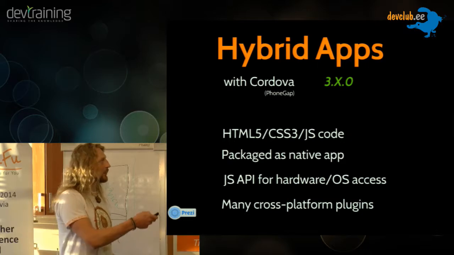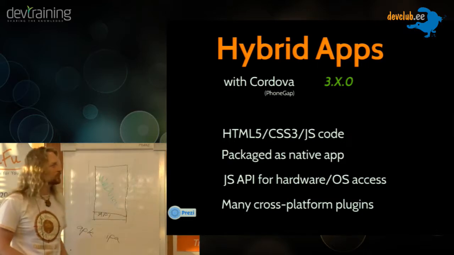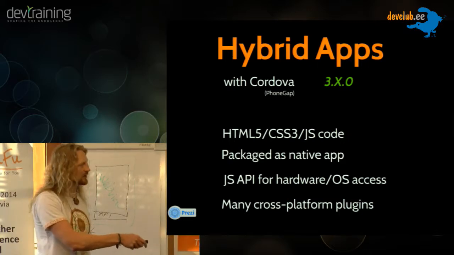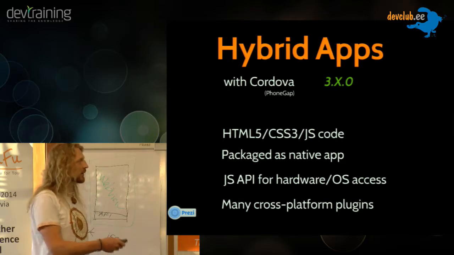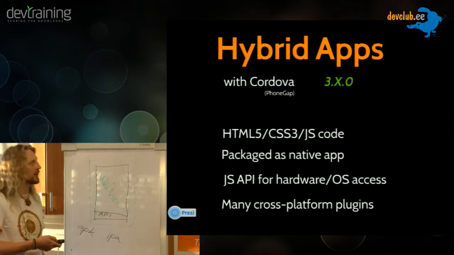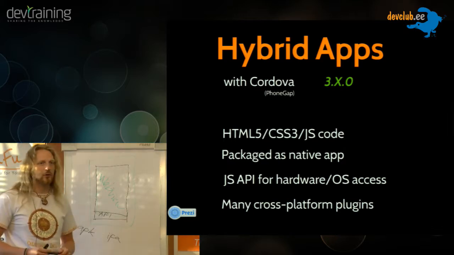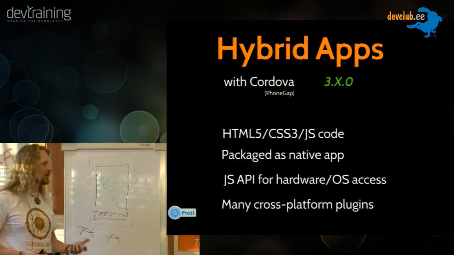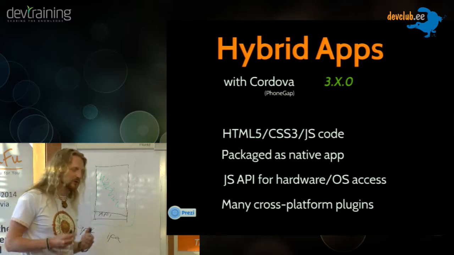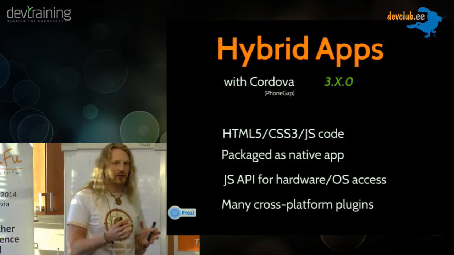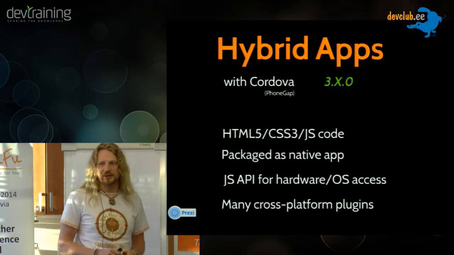It's hybrid because this JavaScript API is implemented in native code. And the most important thing is that with Cordova you can write any amount of native code by yourself if you need it, so it doesn't limit your possibilities at all.